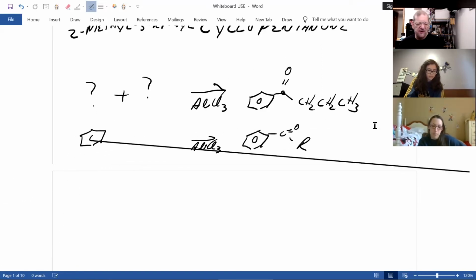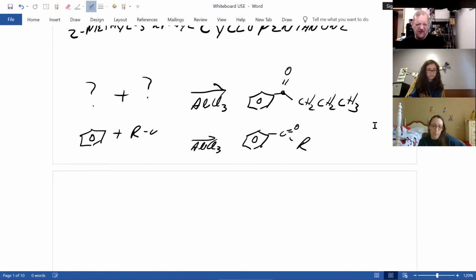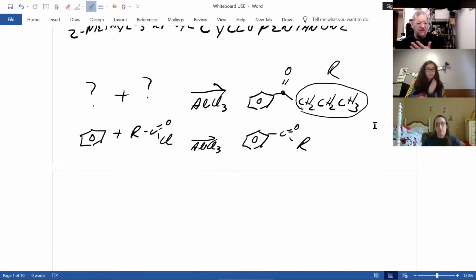A benzene ring plus an acid chloride. What's our R group? And propyl. Well, the carbon going to this carbonyl will be the same carbon here.